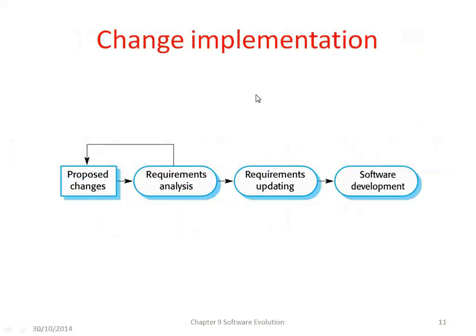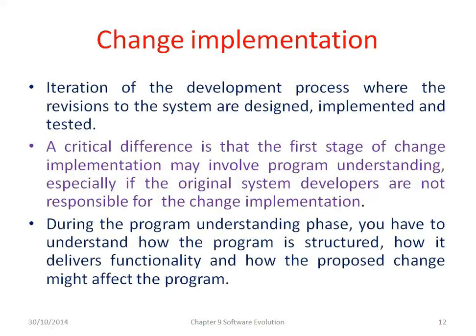Change implementation involves requirement analysis, proposing the changes, then requirements updating and software development. This is an iteration of the development process, where the revisions to the system are designed, implemented and tested.